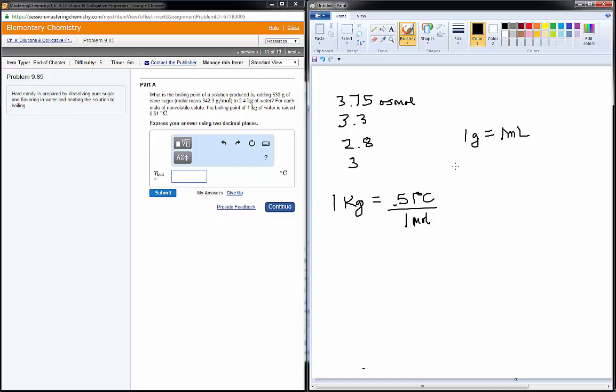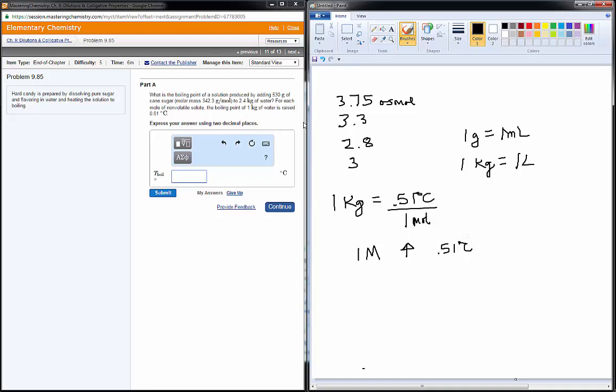So 1 kilogram, which is 1,000 grams, is like 1 liter. Okay. So this is like saying that 1 mole per liter, or every 1 molar solution, is going to raise that temperature by 0.51 degrees Celsius.